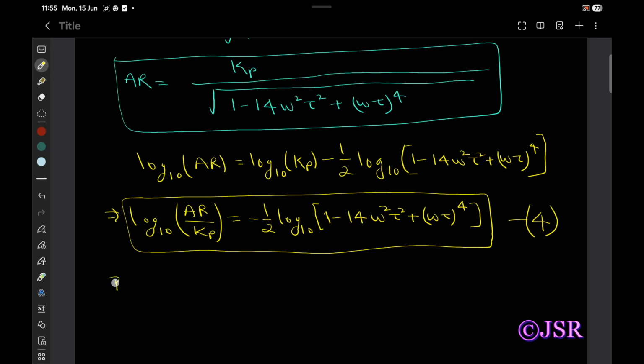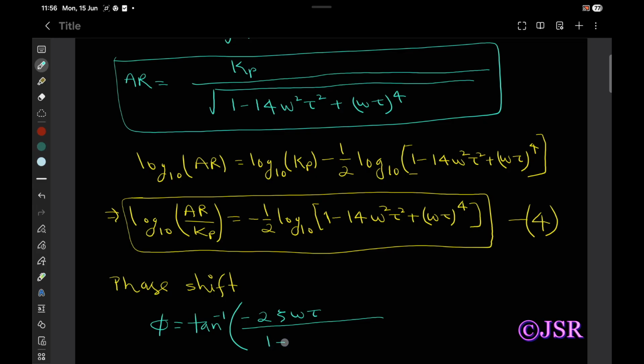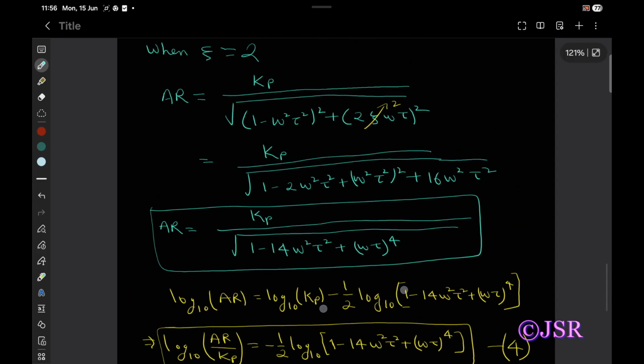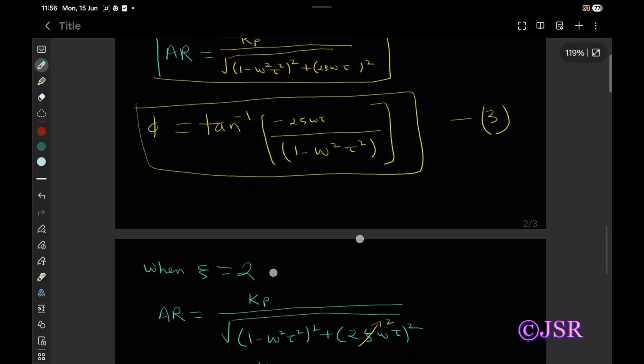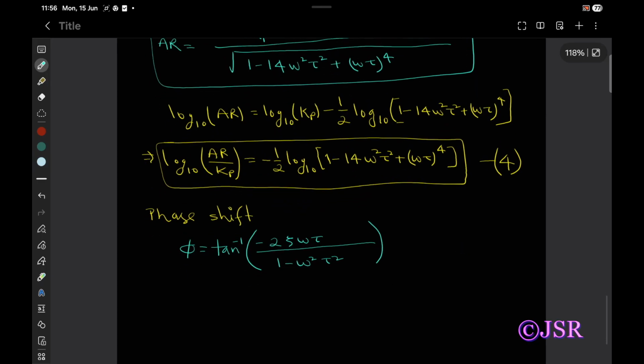And the phase shift phi can be written as tan inverse minus 2 zeta omega tau upon 1 minus omega square tau square. So this is from equation number 3.